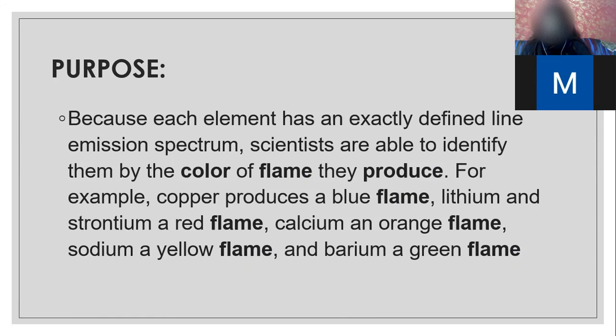In other words, if we obtain any metal or material and we do not know its chemical composition or even its name, we can do its flame test, and the color we obtain during the flame test lets us know which element or which metal it is.